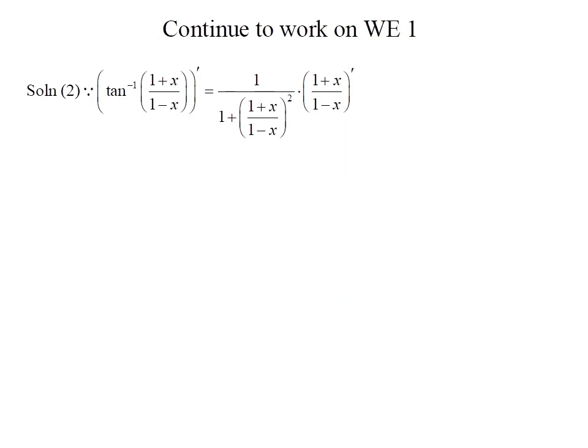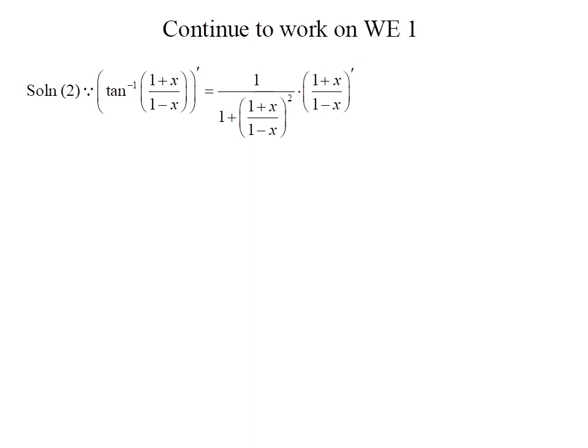Here we continue to work on the second antiderivative of example 1. Here we apply the chain rule along with the quotient rule of differentiation. So the differentiation of arctangent of (1 plus x) over (1 minus x) equals the reciprocal of 1 plus the square of (1 plus x) over (1 minus x), multiplied by the differentiation of (1 plus x) over (1 minus x).